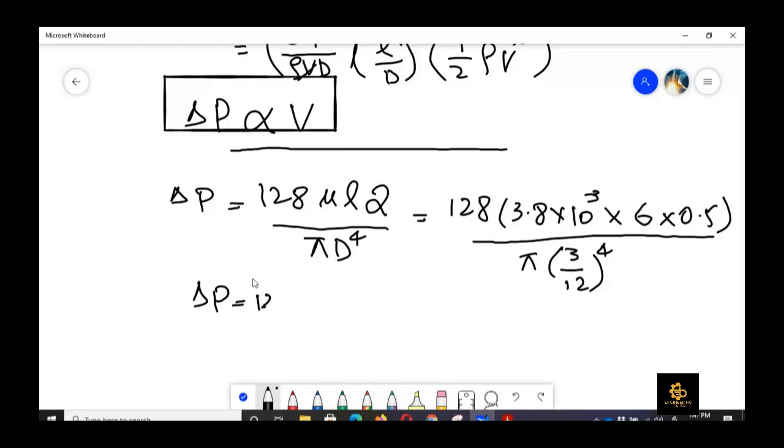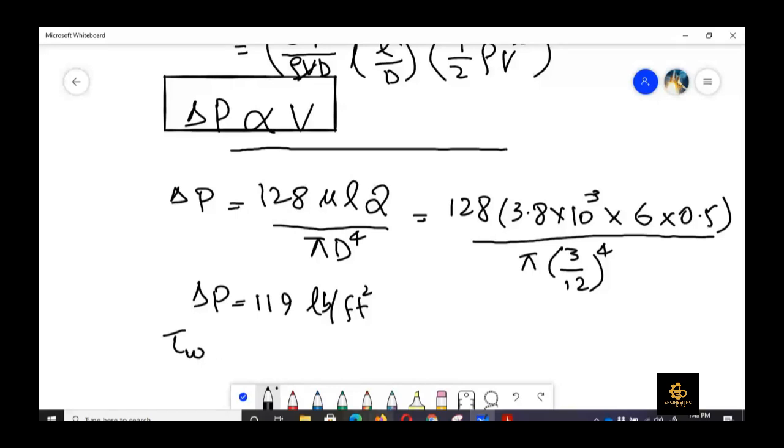Yes, 119. If I remember it correctly, it would be 119 pound per feet square, right? So then the second thing we need to calculate, that is tau omega.